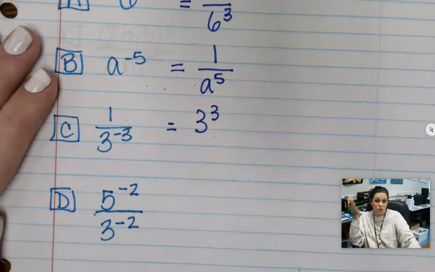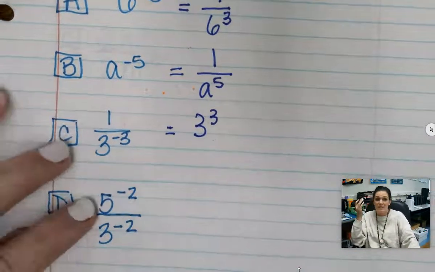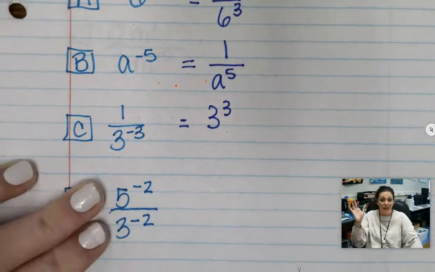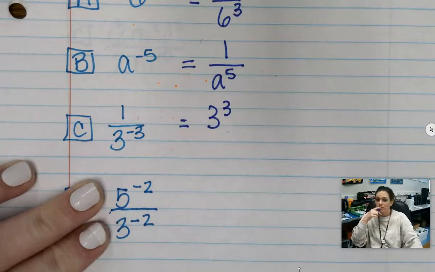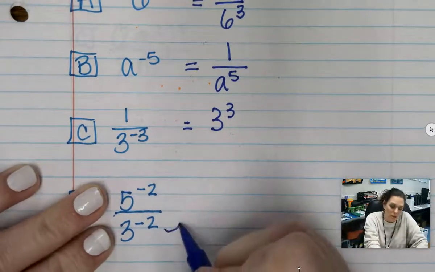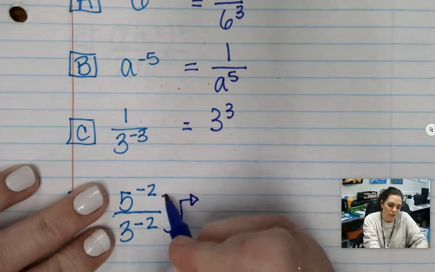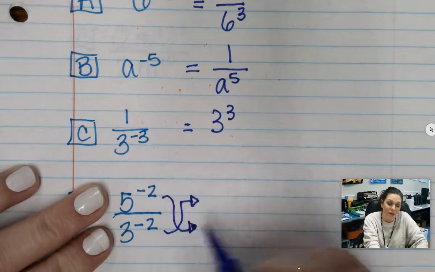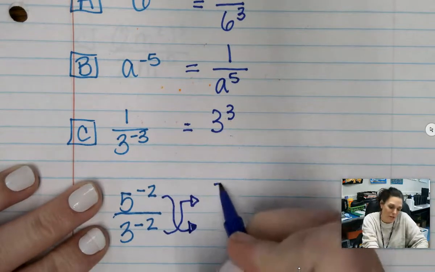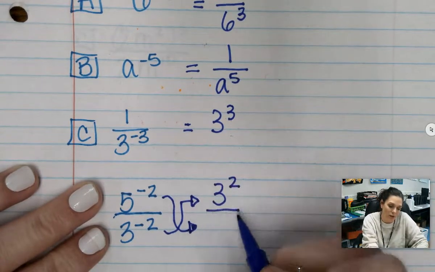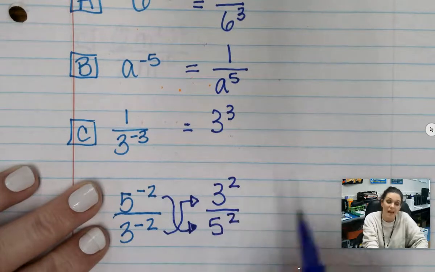Here I like to try to use my quotient rules, but I don't have the same base, so I'm not allowed to. In this case, the 3 squared is riding the elevator up, and the 5 squared is riding the elevator down. So my 3 squared would be in the numerator, and my 5 squared would end up in the denominator.